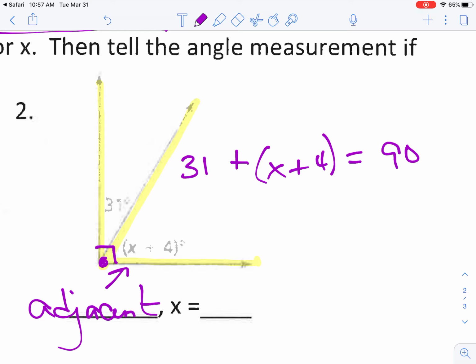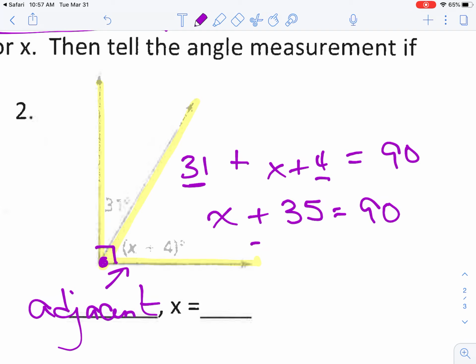Okay, so we can go ahead and solve this. We honestly don't really need these parentheses. We're not distributing anything. 31 plus x plus 4. Again, combine those like terms. Okay, so I have 31 plus 4, which is 35. So something plus 35 is 90. Okay, we're going to solve just like we always do.